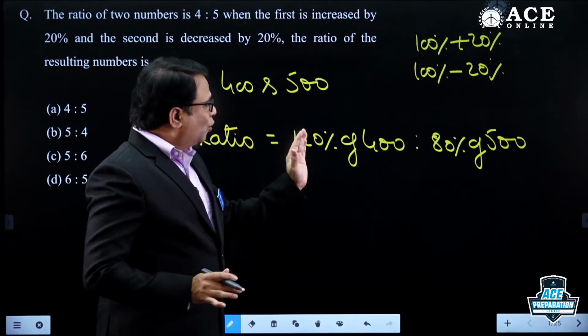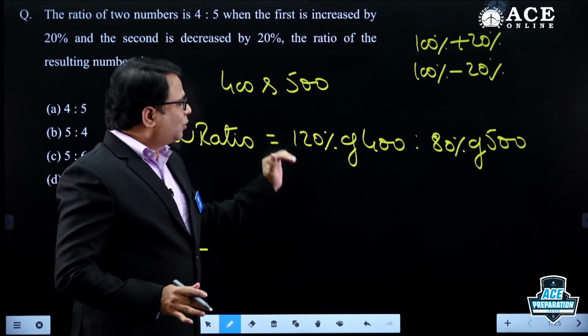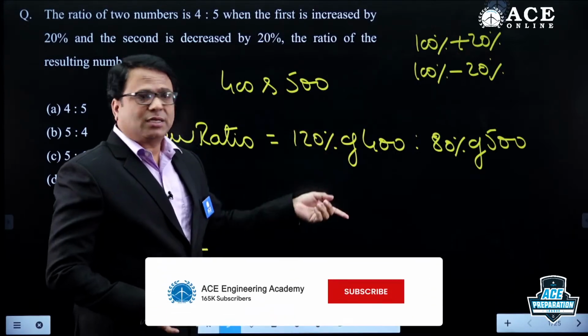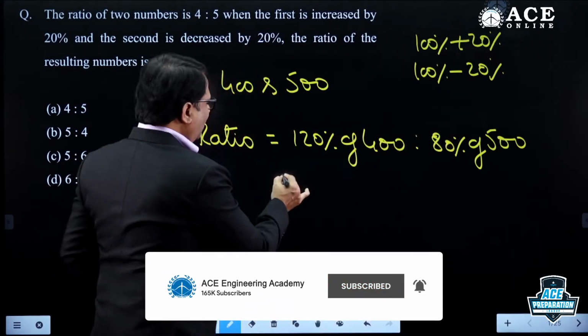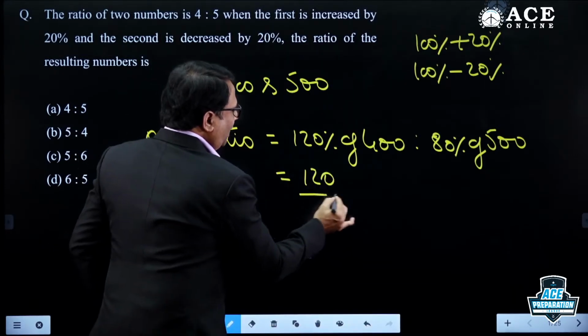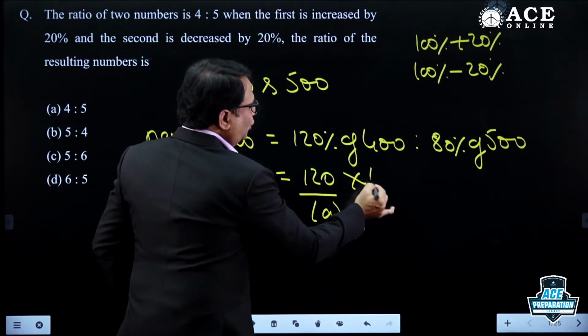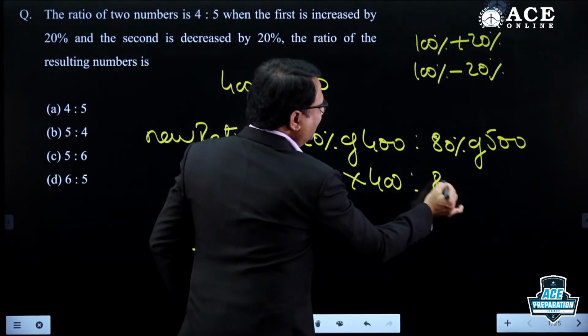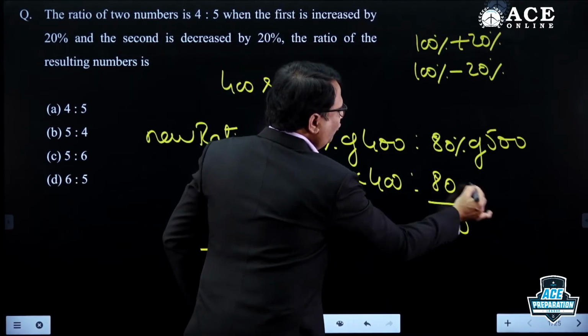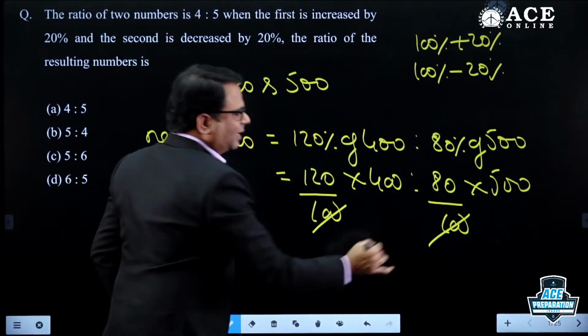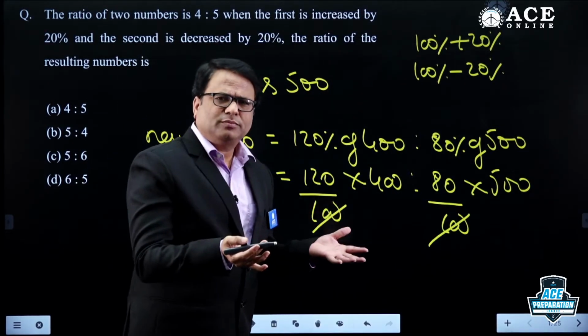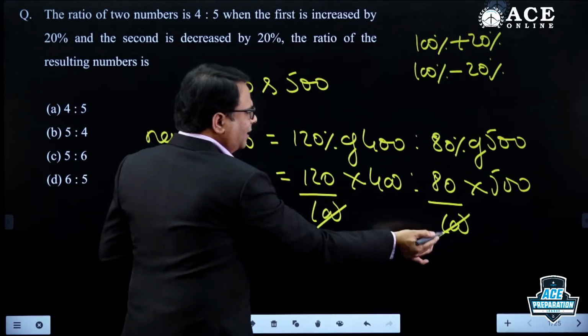And friends, no need to do the calculations, cancelling 120 by 100 into 400 and 80 by 100 into 500. You can do it like this: 120 by 100 into 400, 80 by 100 into 500. Now this 100 gets cancelled because this is a ratio.